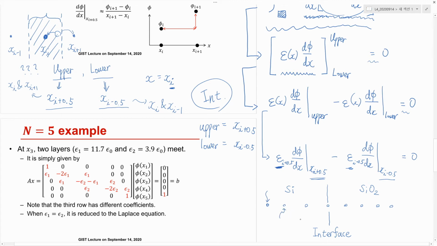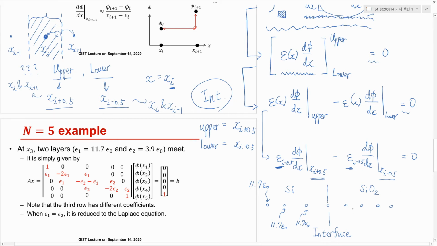We can certainly say this corresponds to 11.7 epsilon naught, also 11.7 epsilon naught, and 11.7 epsilon naught, because they belong to the silicon range.